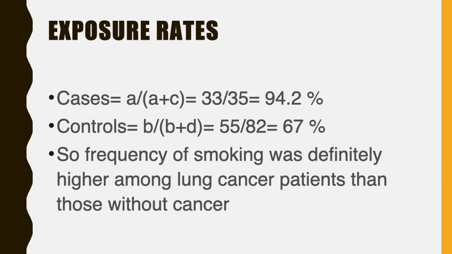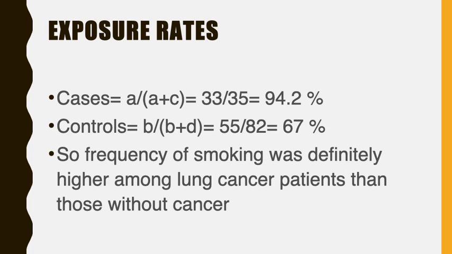So as I said, we had 33 cases of lung cancer. What we would do is take the total number of cases in box A, which we see is 33, and we would divide that by the total number of cases with lung cancer to get a percentage of people who had lung cancer, which we can see is 94.2%. From the controls, we take everything in box B and divide that by those who were not with lung cancer.